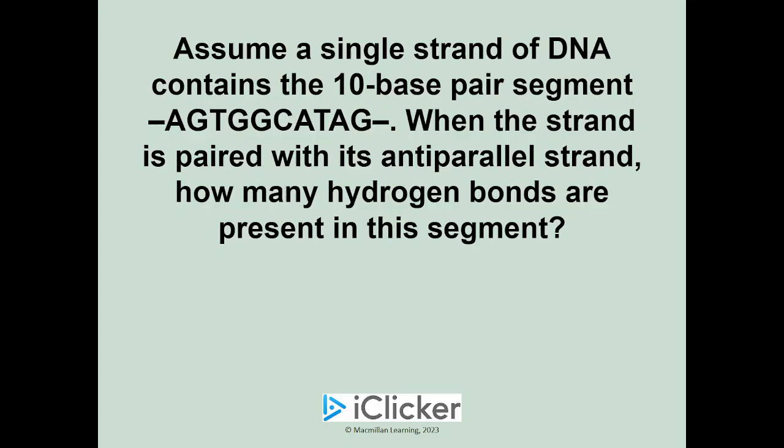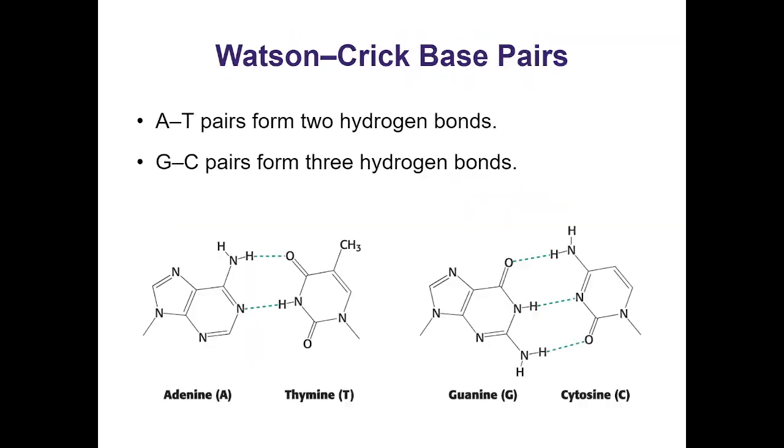It's a beautiful representation. All right, so assume a single strand of DNA contains the 10 base pair segment A, G, T, G, G, blah, blah, blah. You can get the idea. Read yourself. When the strand is paired with its anti-parallel strand, how many hydrogen bonds are present in this segment? And so what do we have to do here to figure this out? Exactly. You go back here, you go AT is 2.